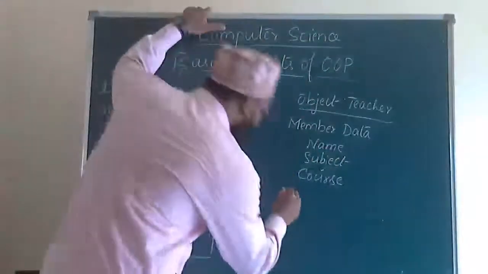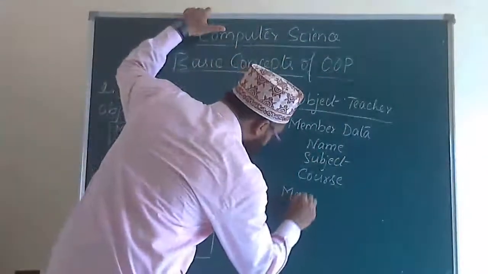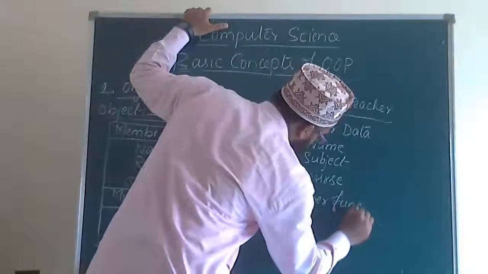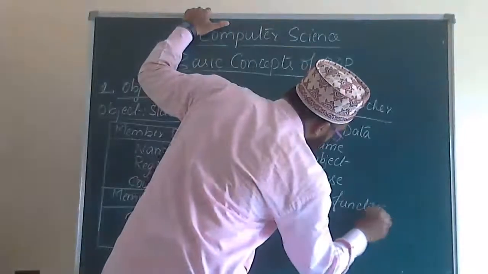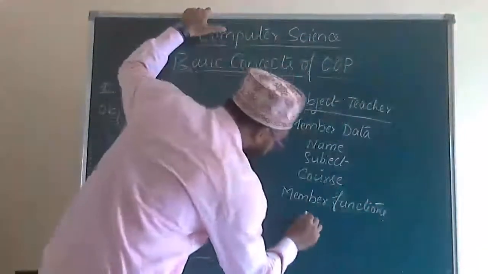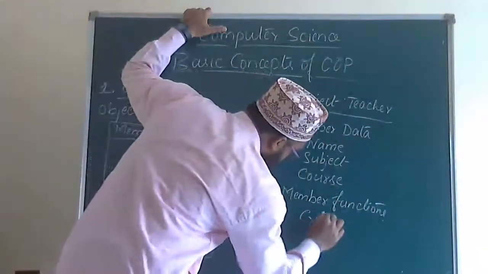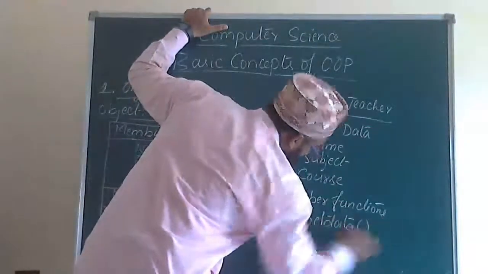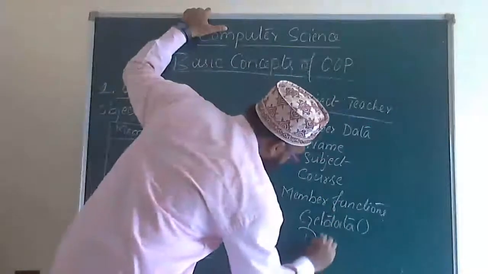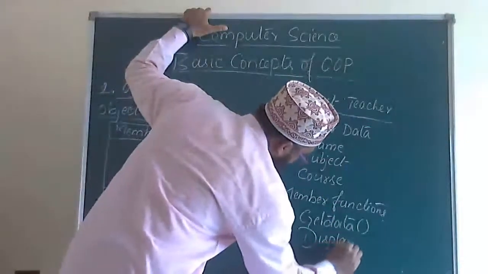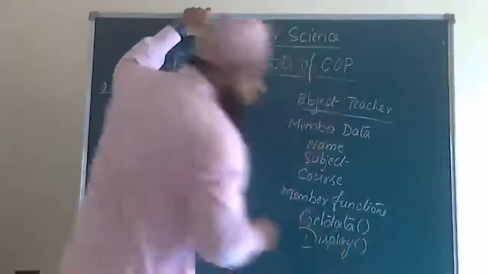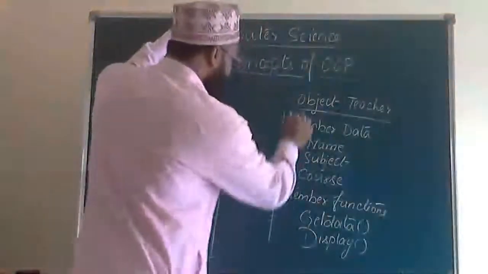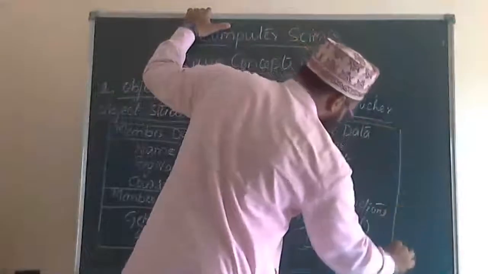Then after that, same here, member functions. Same thing here, getdata is a function. Then display is also a function. So like this, an object can be given.